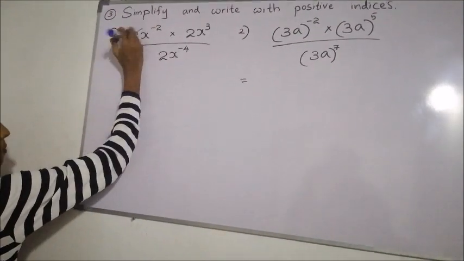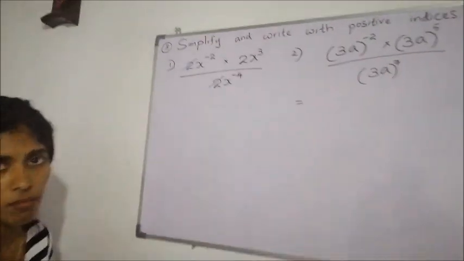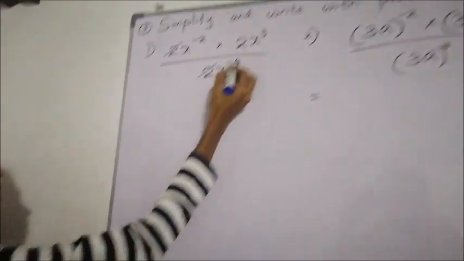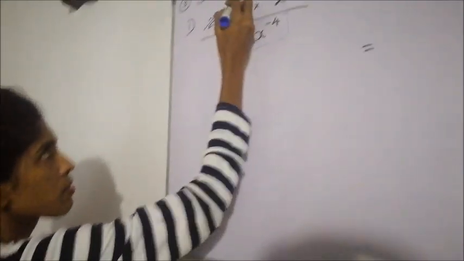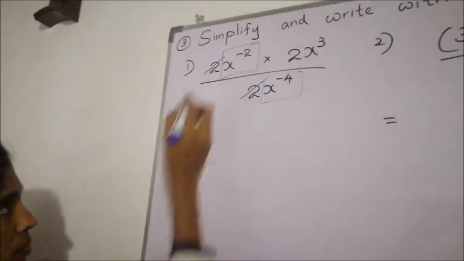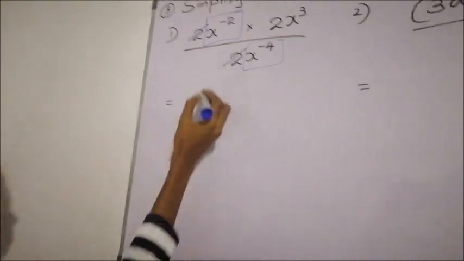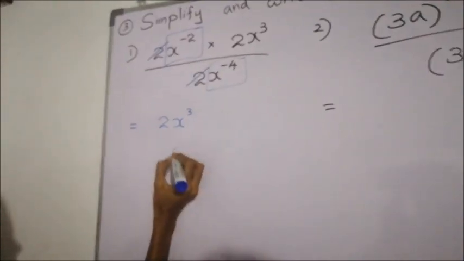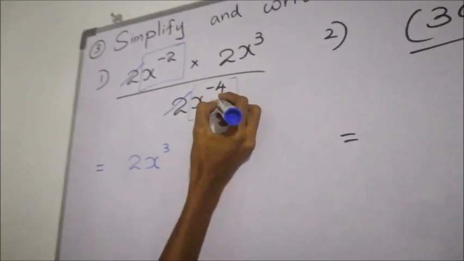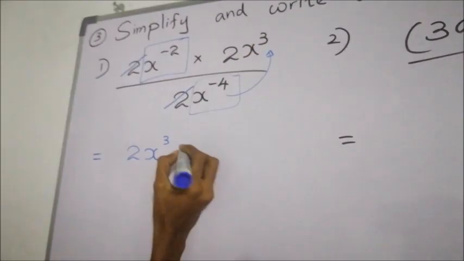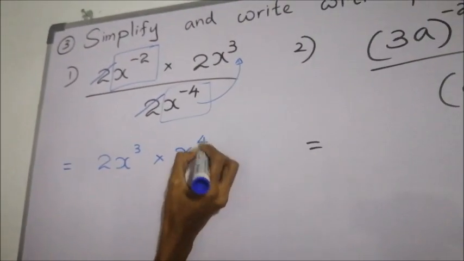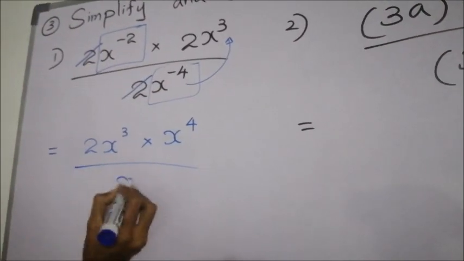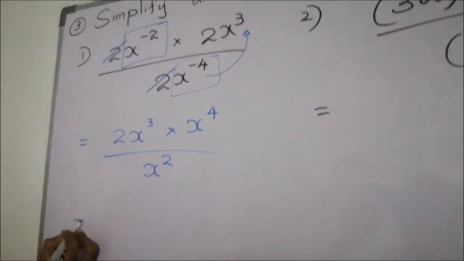Here, the up 1, 2 and down 1, 2 can be simplified. Now, we will get the reciprocals of these to make them positive. So here what is remaining? 2x to the power 3. And this x to the power minus 4 goes up. x to the power 4. When this comes down, x to the power plus 2.